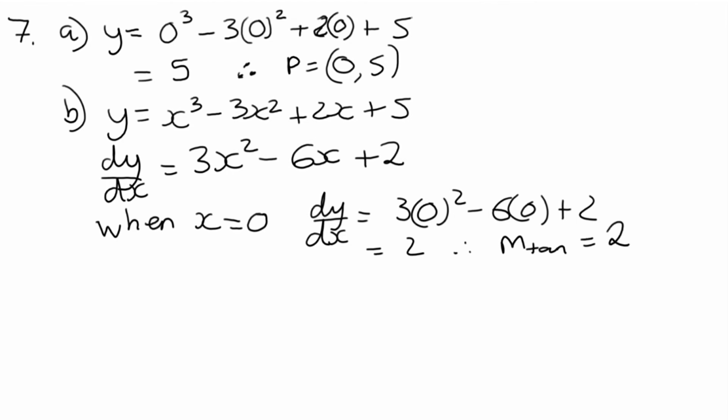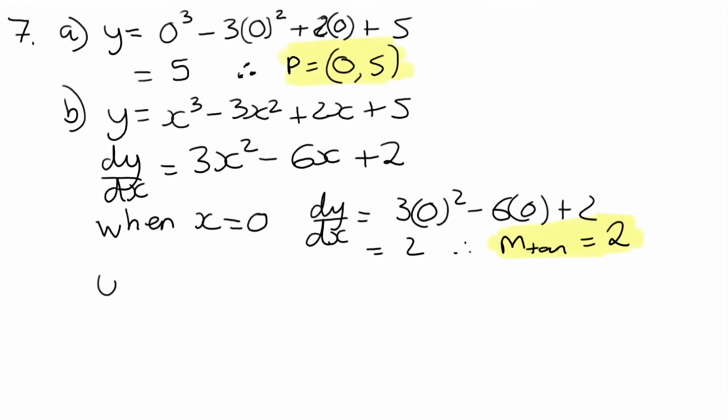We've got our gradient, we've got our point. It's just a matter of finding your equation. Okay, so let me highlight. So our point is (0, 5). Our gradient is 2.